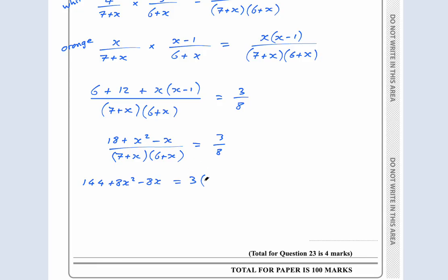7 times 6 is 42, plus 7x plus 6x is plus 13x plus x squared. So 144 plus 8x squared minus 8x equals, multiply this out, 126 plus 39x plus 3x squared.